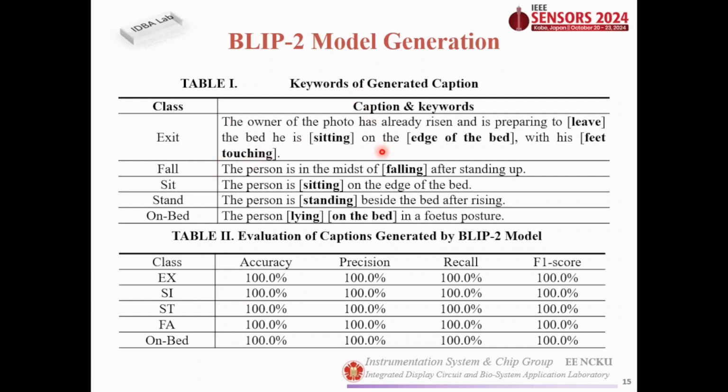Table 1 shows the keywords given to each category. Table 2 details the accuracy, precision, recall, and F1 score of the captions generated by the BLIP-2 model for each category. The results show that the BLIP-2 model achieves perfect scores across all metrics for different postures. This shows the model's reliability in automatically recording bedside motion related to falls.